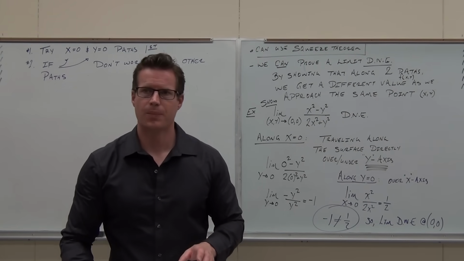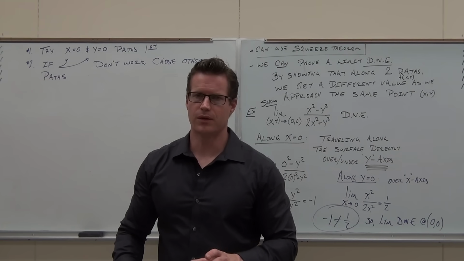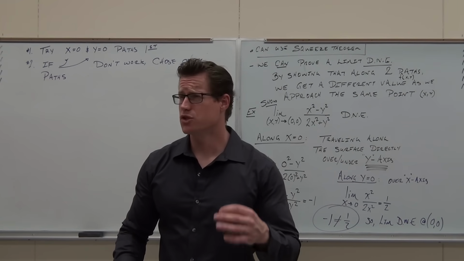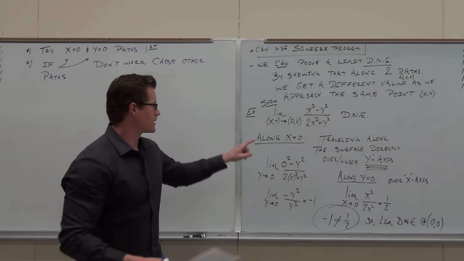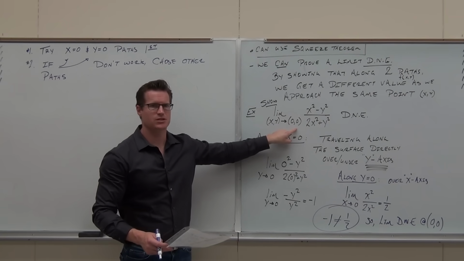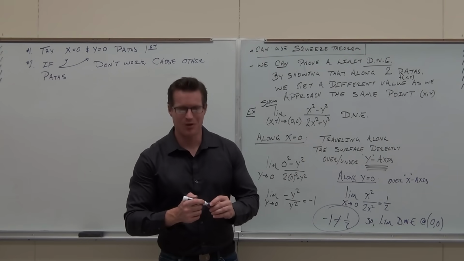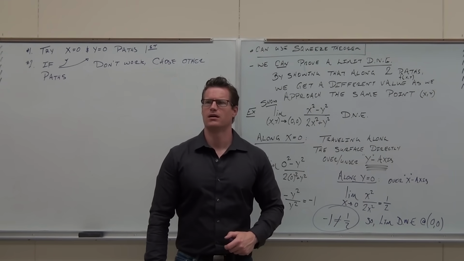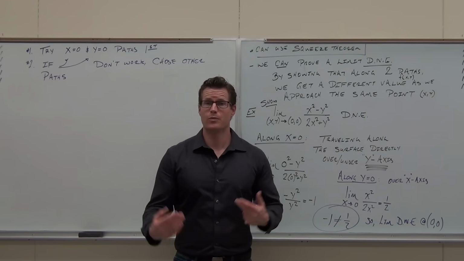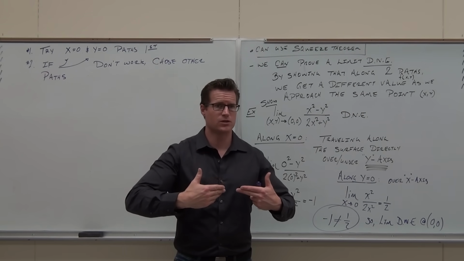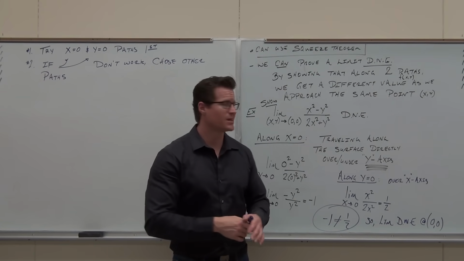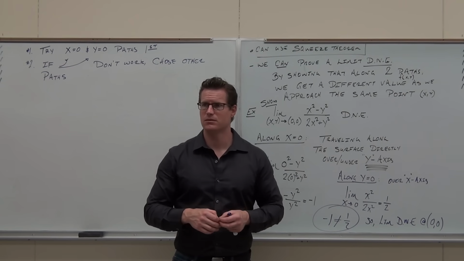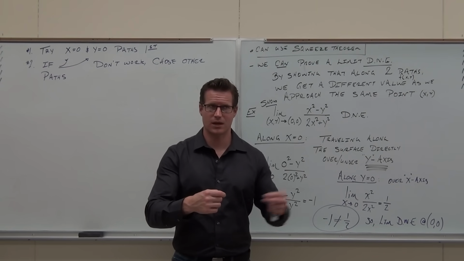A few notes here that are really going to help you. Number one, whatever path you choose must contain that point. Why would you say, okay, I want to check the limit at 0, 0, so let's go through 5, 2? Does that make sense? No, you want to make sure that path actually contains that point. Does x equals 0 at some point contain 0, 0? Yes, when y becomes 0.